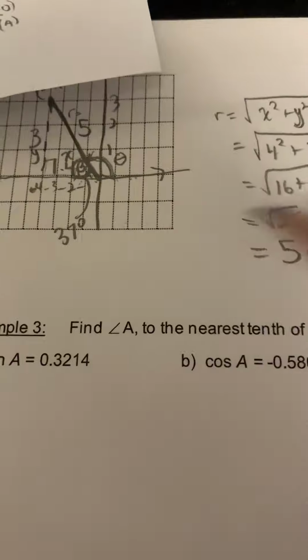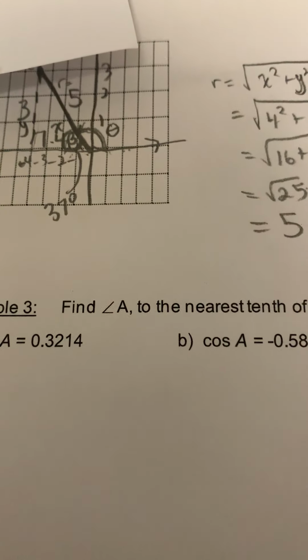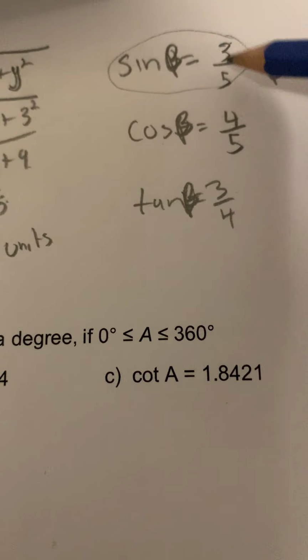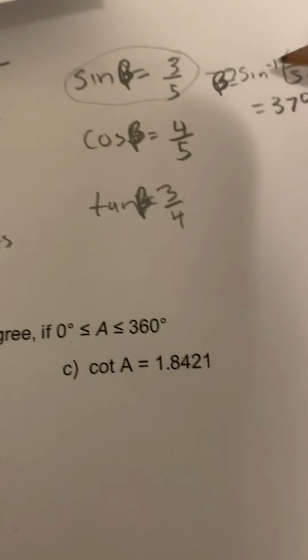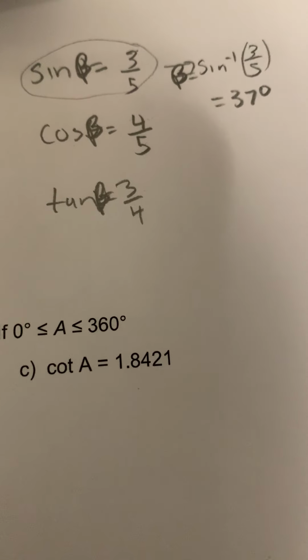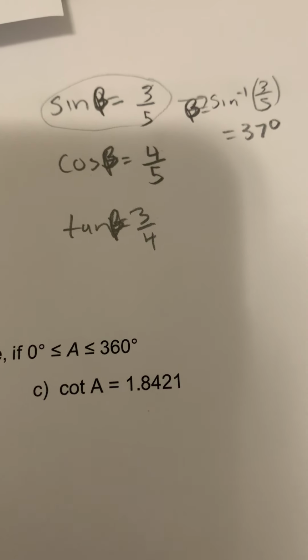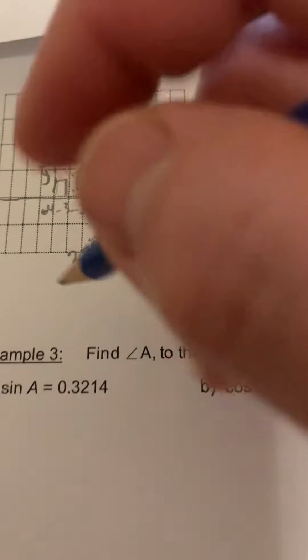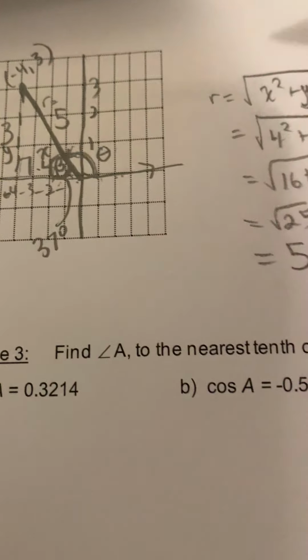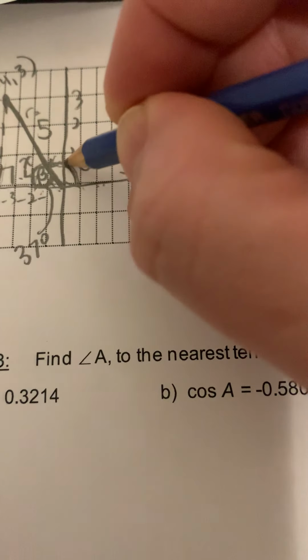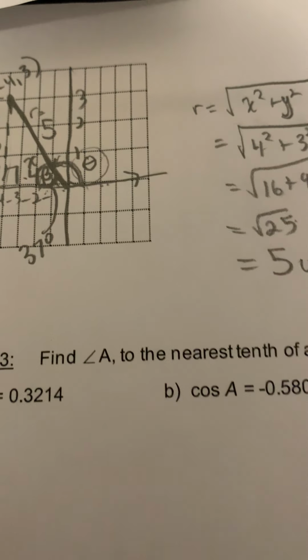We have to find beta first, and then we'll find theta. So we'll do inverse. I'll do sine inverse of 3 over 5, and you get the answer of 37 degrees. So our beta is 37 degrees, but the question asks us to find theta, which is our principal angle.